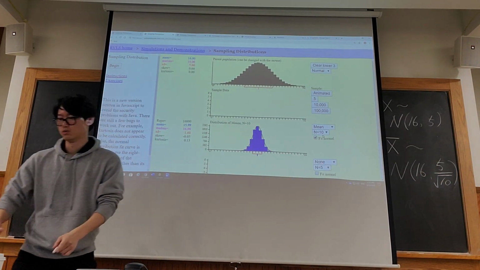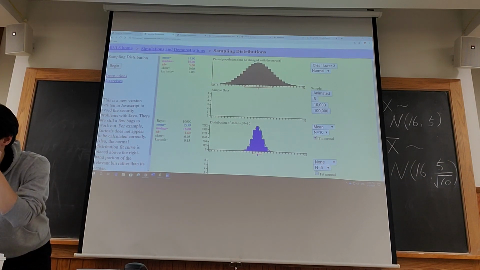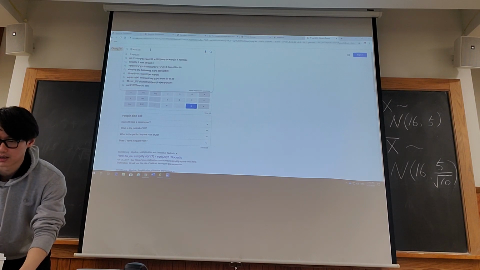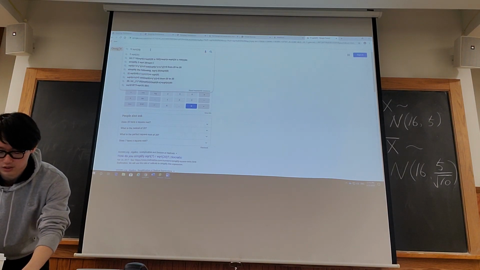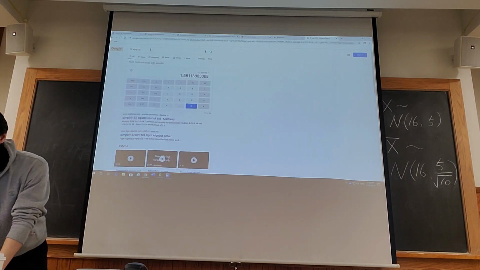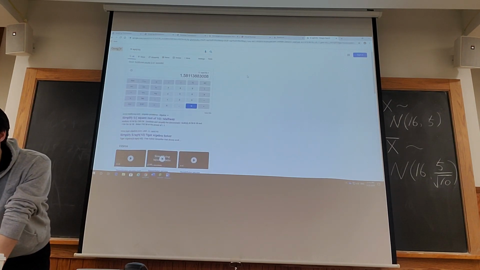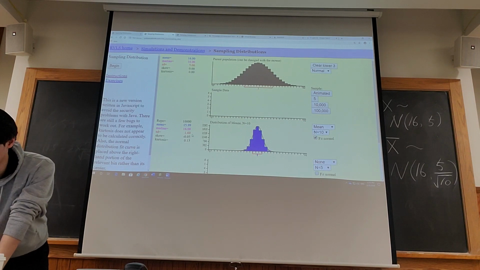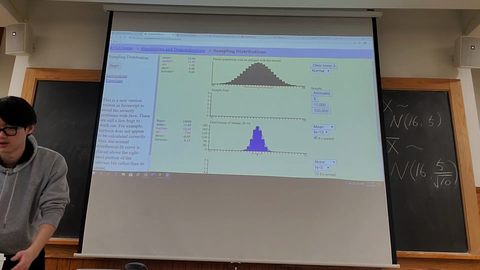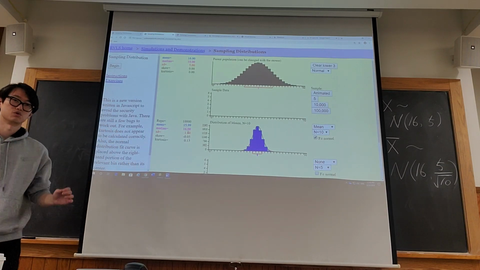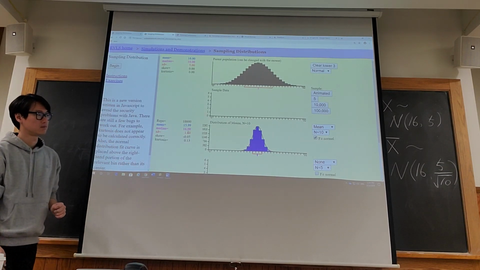So 5 is my population standard deviation, and I got 10 as my sample size, so 1.58. And what is that? 1.6, which is really close to the 1.58, right?